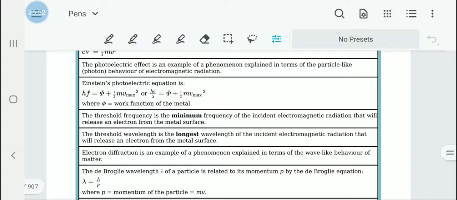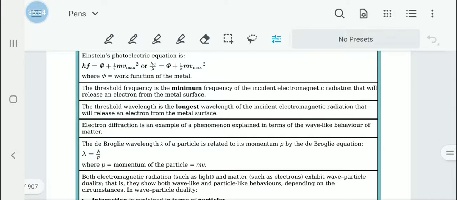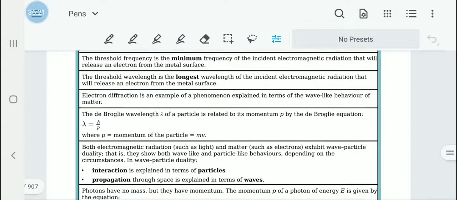Then we discussed the threshold frequency, that is the minimum frequency of the incident electromagnetic radiation that would release an electron from a metal surface. Then threshold wavelength is the longest wavelength of electromagnetic radiation that will release an electron from the metal surface.